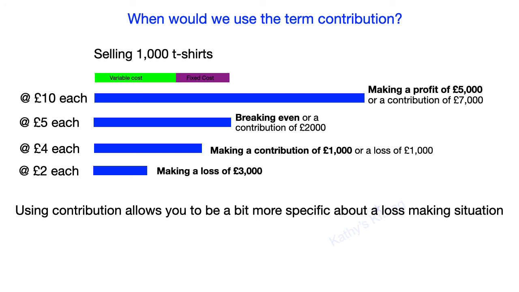And in these circumstances, even though you might be making a loss, as long as you're making a contribution to your fixed cost, it makes sense for the business to keep trading as long as possible, because the business owners aren't racking up as much debt or loss as if they just stopped trading completely. They are contributing towards their fixed costs, so they're helping to pay off a little bit.